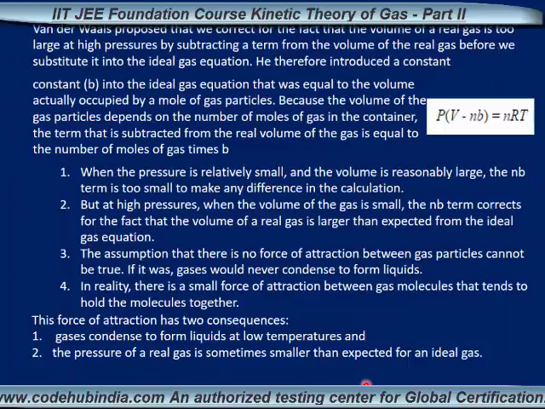Van der Waals proposed a correction for that fact. The volume of the real gas is too large at high pressure, so we subtract a term for the volume of the gas particles before we substitute into the ideal gas equation.